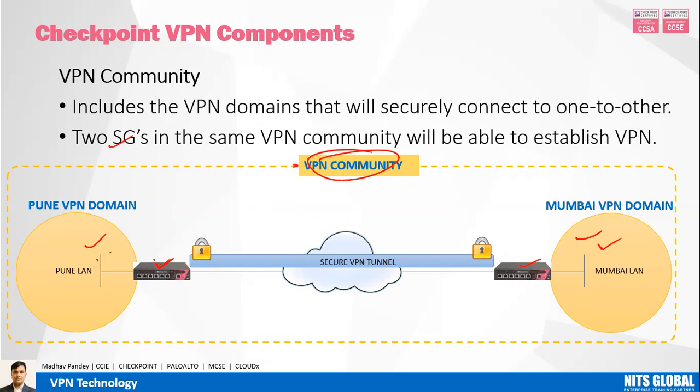If this firewall is from a different community and this firewall is from a different community, then they cannot build VPN. So to build VPN communication, all of the firewalls should be from the same VPN community. This is mandatory. And you can have many communities, all right, but two firewalls should be in the same community.